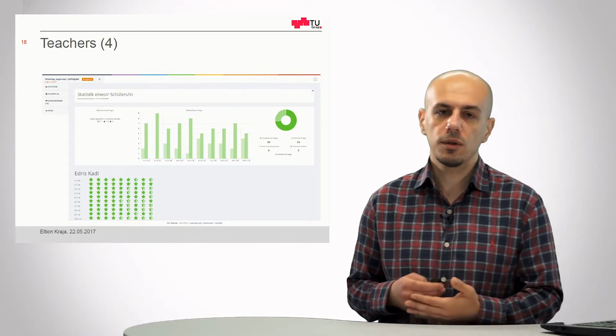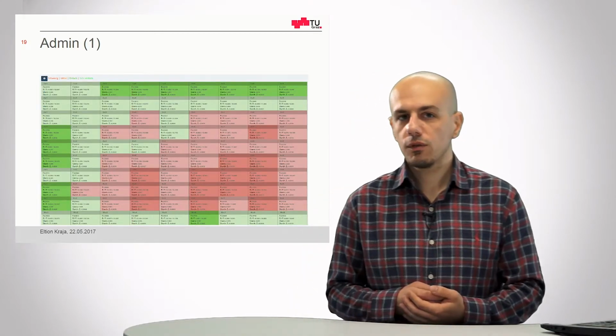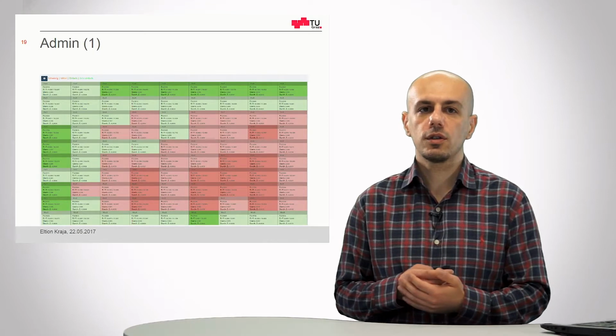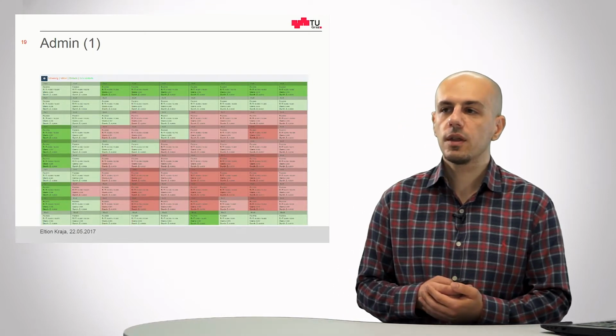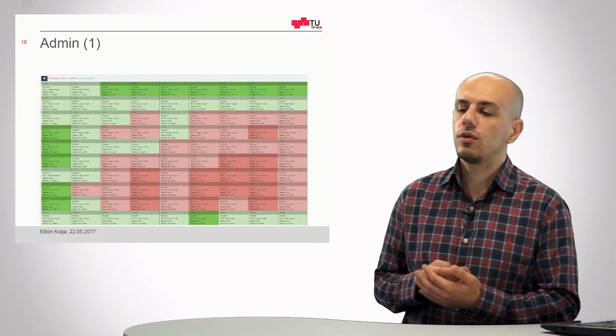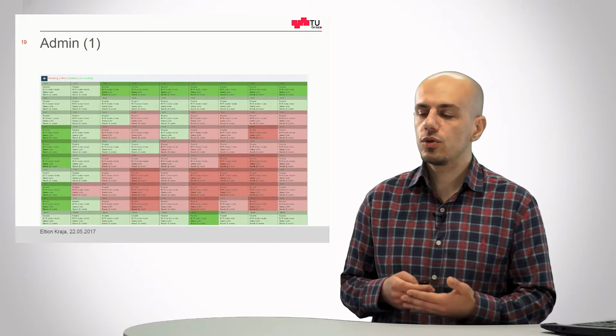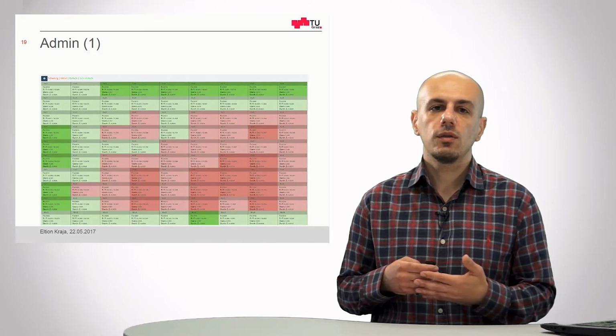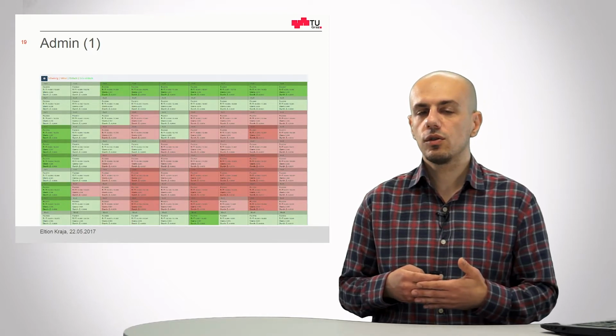One of the most interesting views for the administrators is the matrix representation. It is interesting because the user can access the information or see the trends of the information at once.